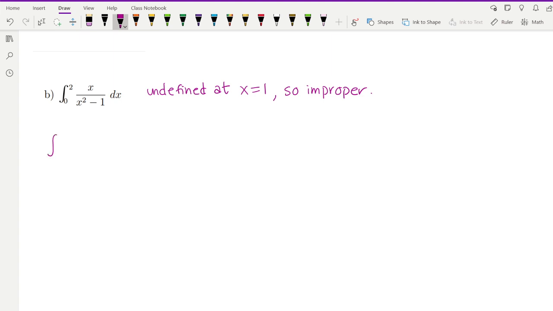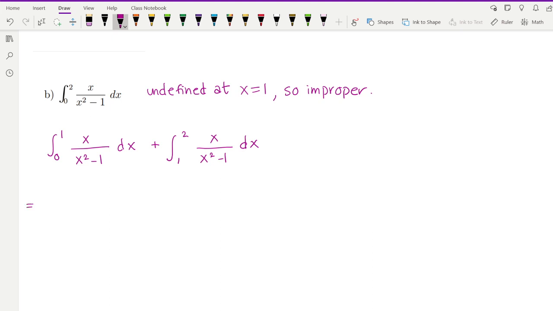So we're going to split this up into the integral from 0 to 1 of x over x squared minus 1 dx plus the integral from 1 to 2 of x over x squared minus 1 dx. And now we can rewrite this using limits.